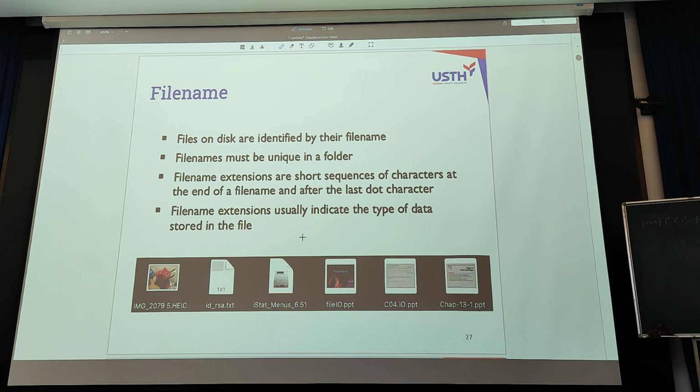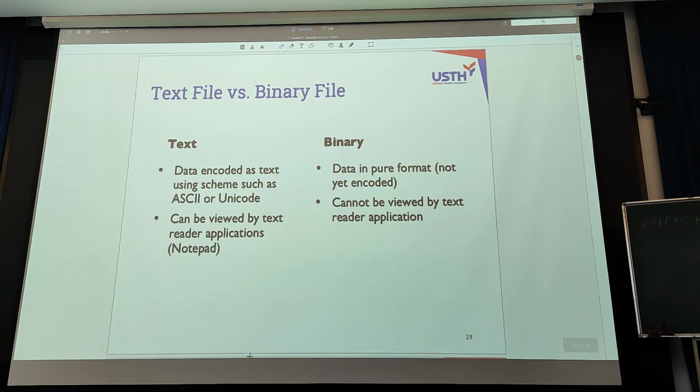For space students, what kind of data are you going to work with? Image? Yes, image. So the extension will have to reflect that this is an image file type.